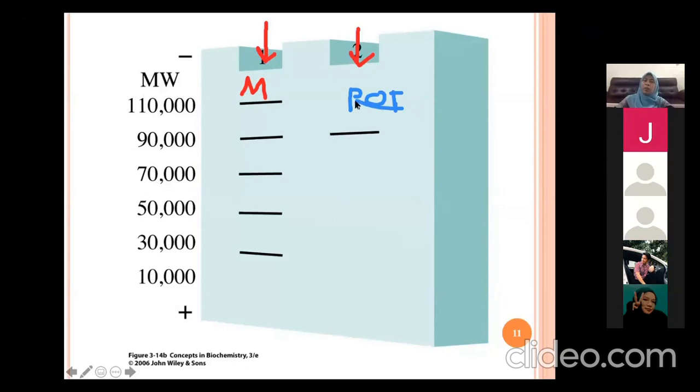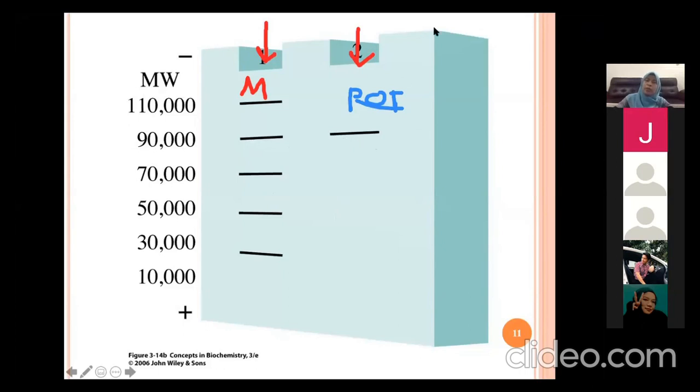Then you can see the size of your protein of interest. In this case, your protein of interest stops at the 90 kilodalton band. That means your protein of interest size is 90 kilodalton.